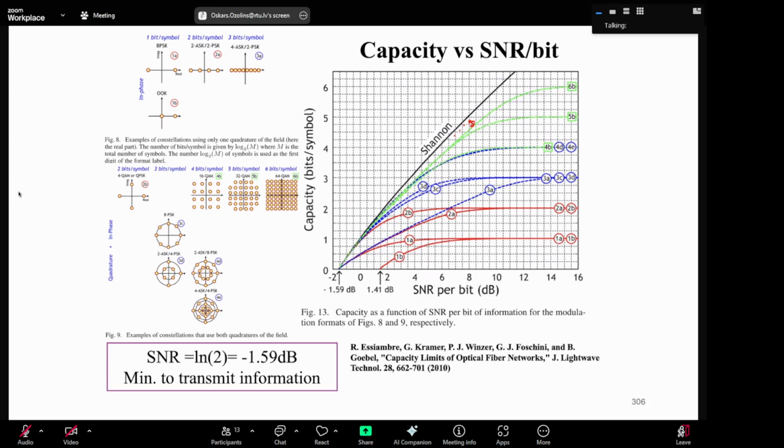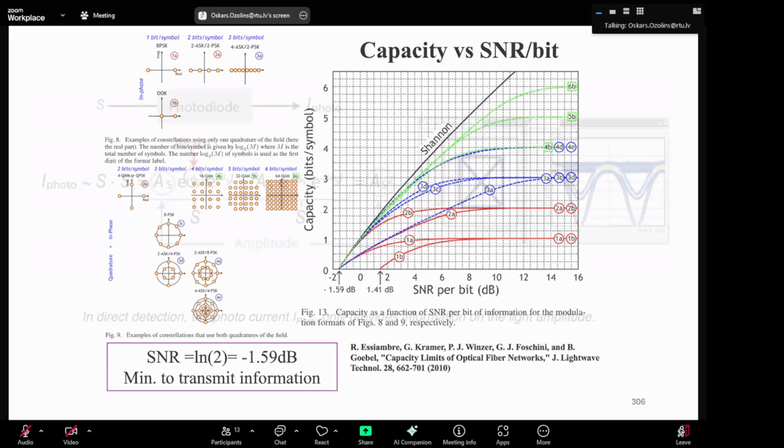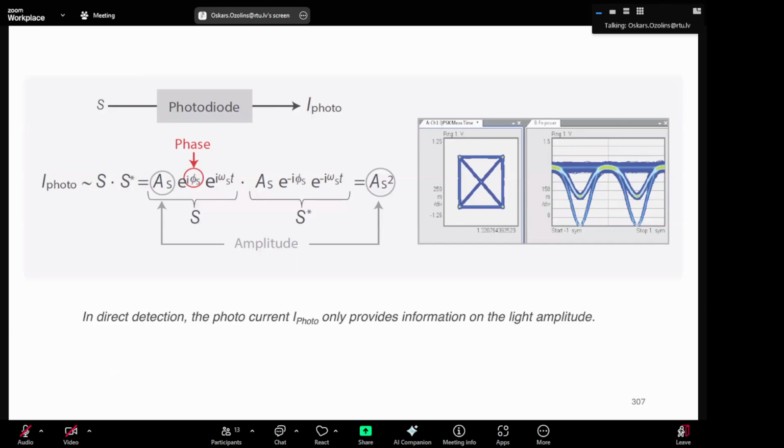Right. Then we've been talking about the modulation, but there's also the other part, which is how do you get back to your bits on the detector side. Right. So in principle, in direct detection, you get the photocurrent that provides information on the light's amplitude.